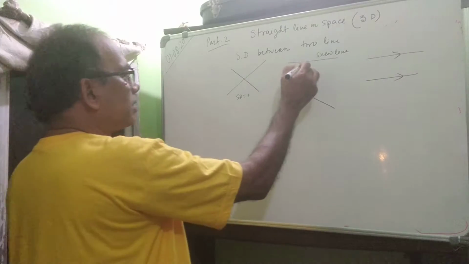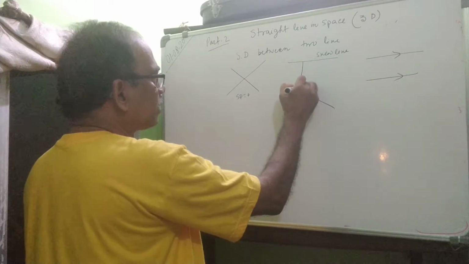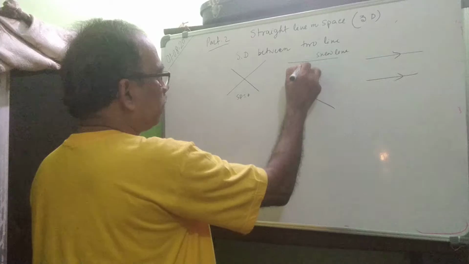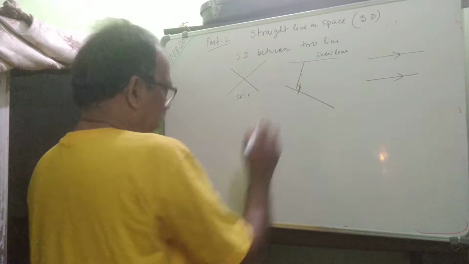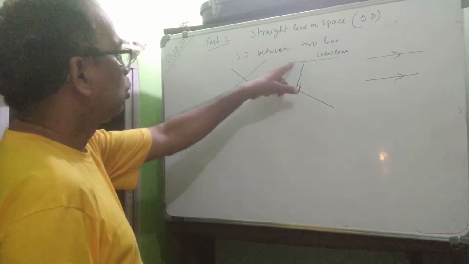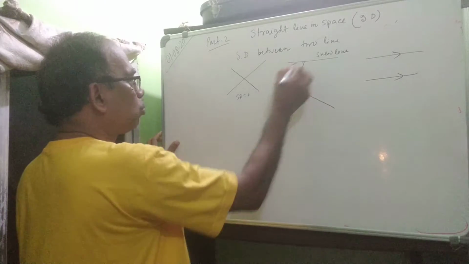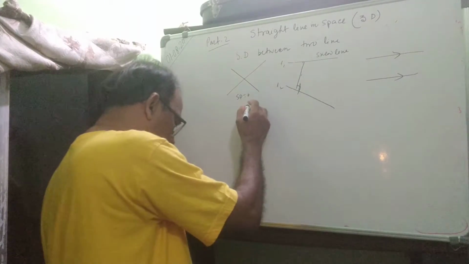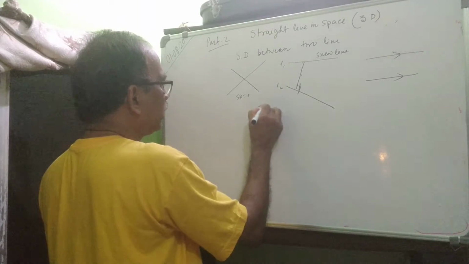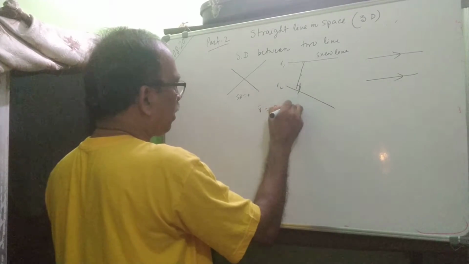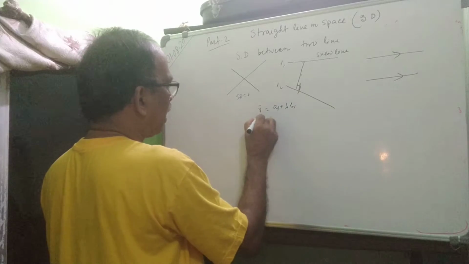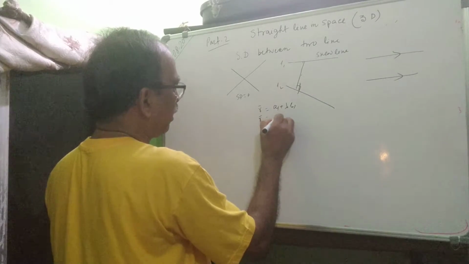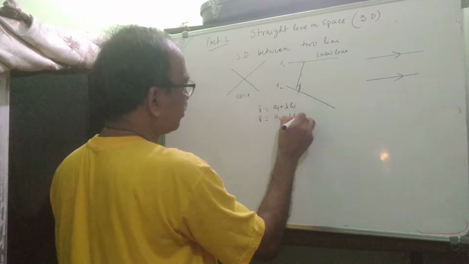If they are skew lines, suppose this is L1 and this is L2. The first line is r = A1 + lambda B1, and the second line is r = A2 + lambda B2.